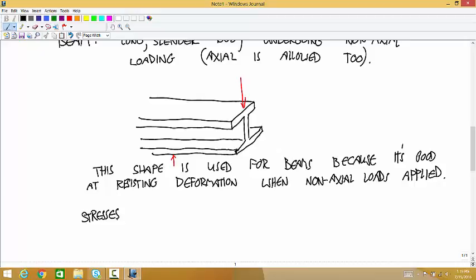Okay, so stresses in beams come from 4 types of internal loads.